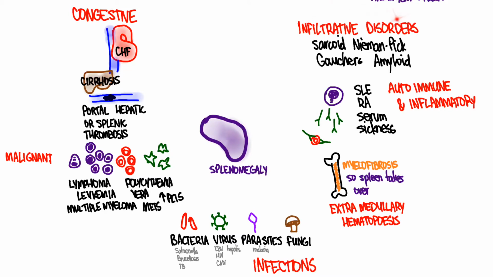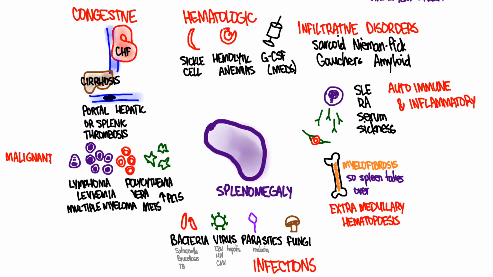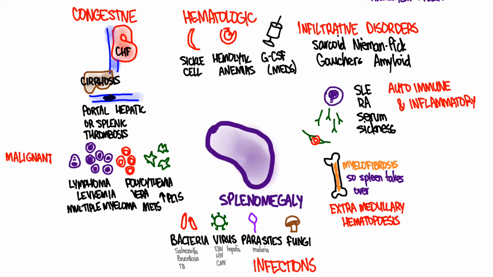All sorts of infiltrative disorders like sarcoid, Niemann-Pick, Gaucher, and amyloid. And even hematologic causes, of course, like sickle cell disease, hemolytic anemias, or even medications like granulocyte colony stimulating factor. And so all of these things can then lead to splenomegaly, causing the spleen to grow in size.